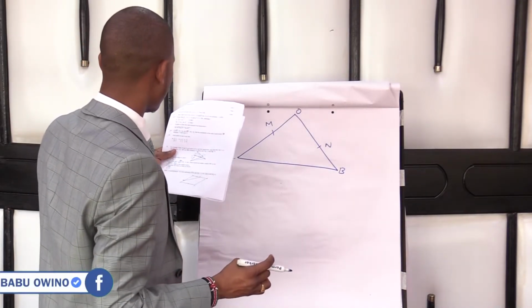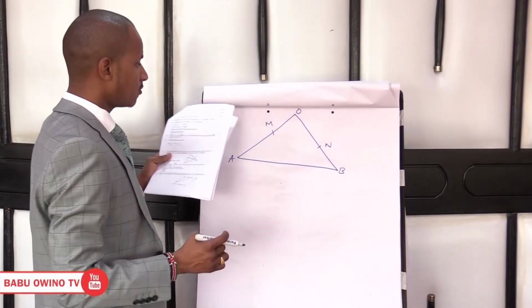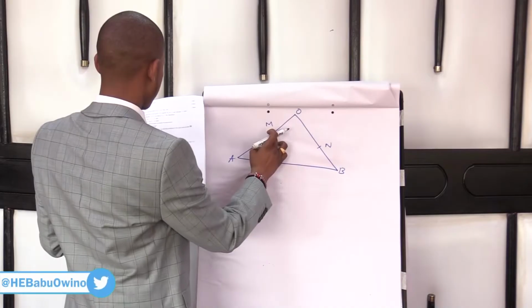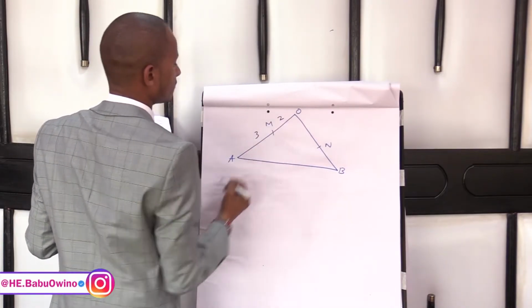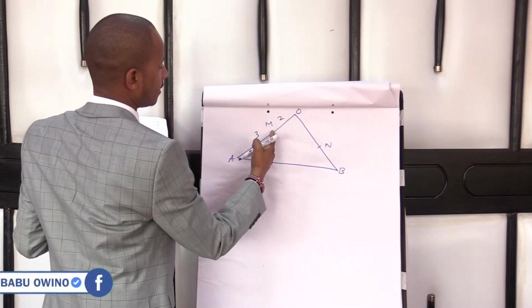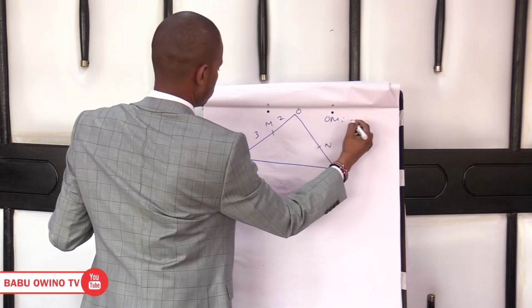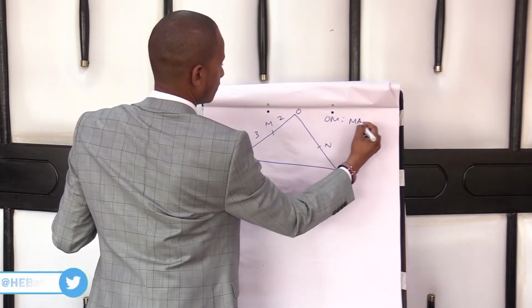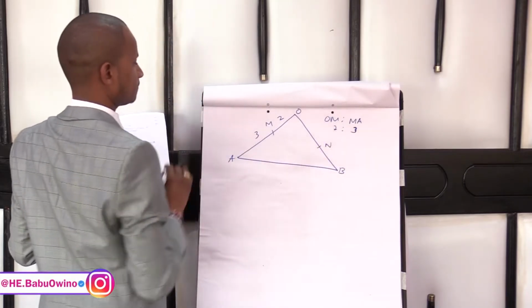So M and N are points on OA and OB respectively, such that OM, O to M, and M to A is in the ratio of 2 to 3. OM to MA is in the ratio of 2 is to 3.